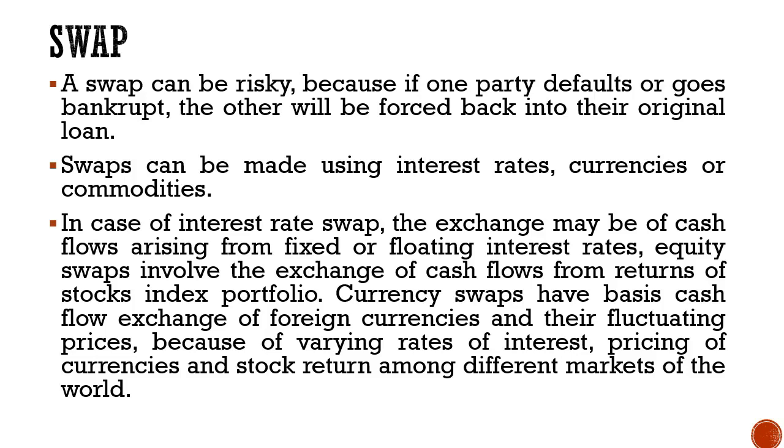Now, because of varying rates of interest, pricing of different currencies and stock return among different markets of the world, swapping takes place because of all these factors. Now let us learn the various features of swap.